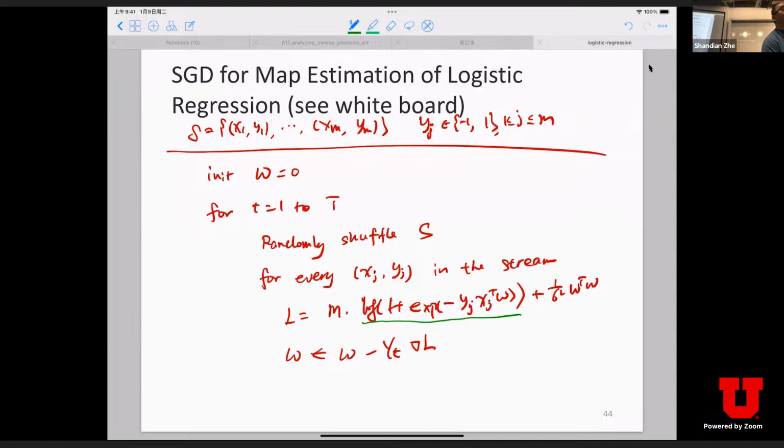Then we finish one update and move to the next example. We calculate the stochastic objective, calculate the gradient, and perform the stochastic gradient descent. We keep doing this until we finish processing the whole data set for this epoch. Then we move to the second epoch, until we finish all the epochs, and eventually we return our model parameters W.